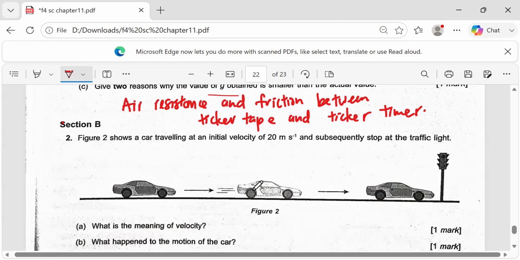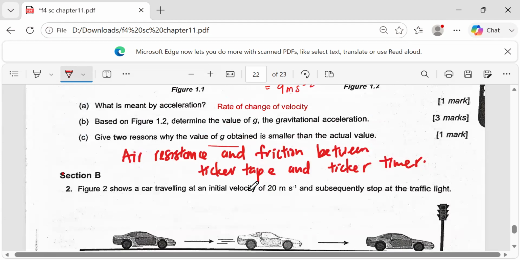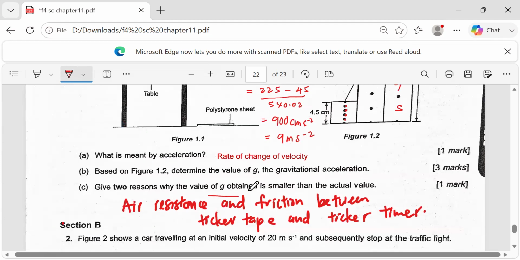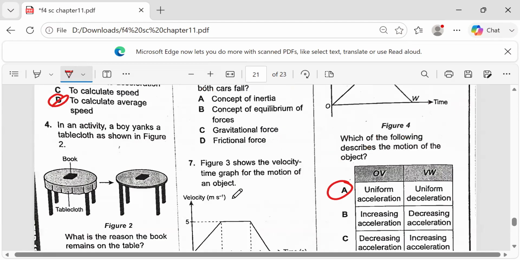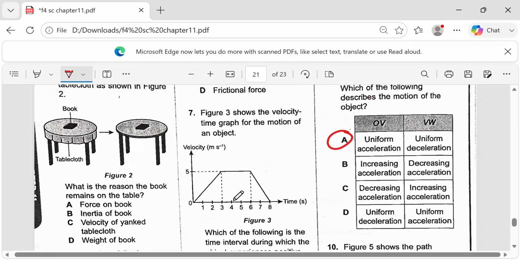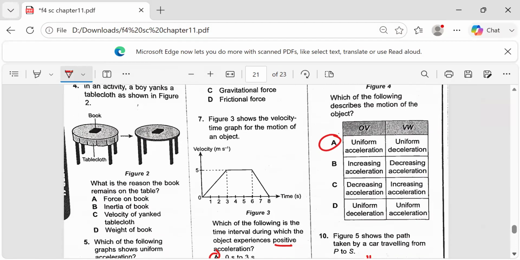Okay? Can you understand? Okay. Okay, look back at this question here. Look at question 2 here. Sorry, not question 4. This one has what I taught you about inertia just now.